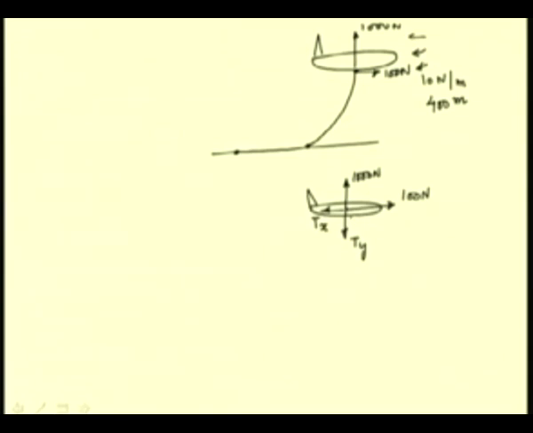This is our origin and this is the positive x and positive y direction. So, from the equilibrium equation we have Tx as 100 newtons and Ty as 1000 newtons from this free body diagram.